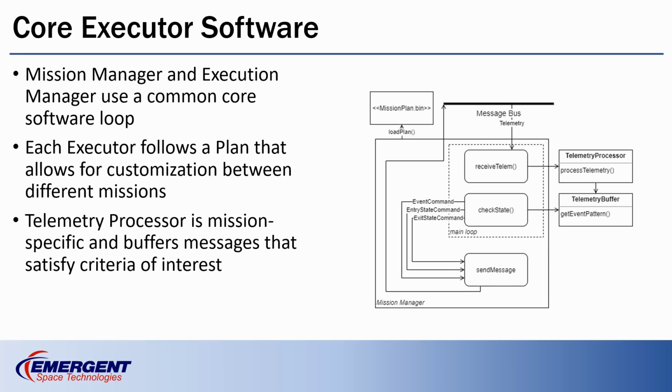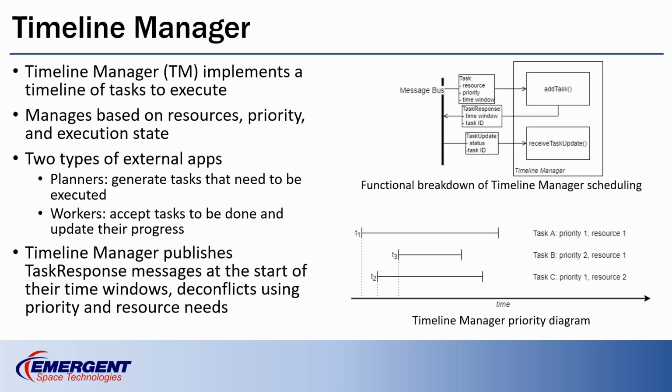Commands can be associated with an event, or can be associated with either entry or exit from a state, depending on the mission. This is the core executor loop used in both the Mission Manager and the Execution Manager DASHER applications.